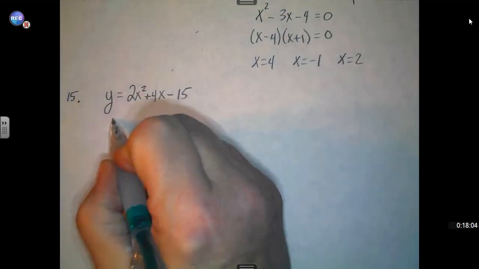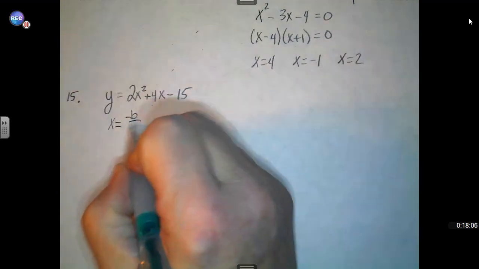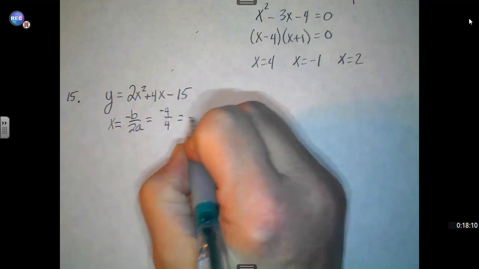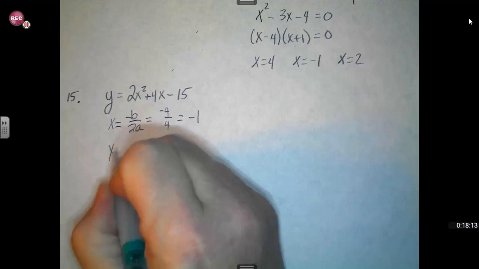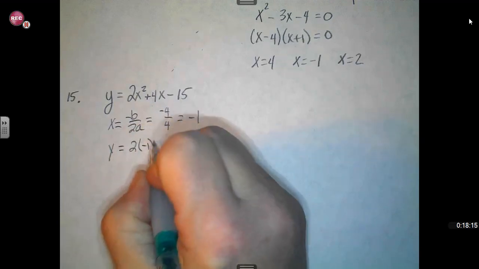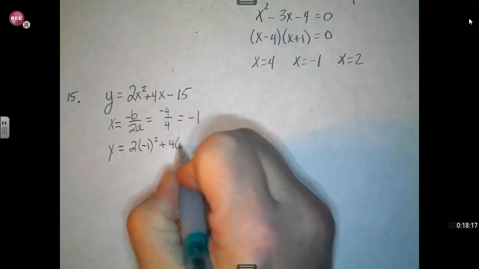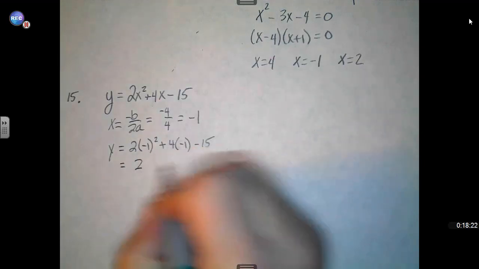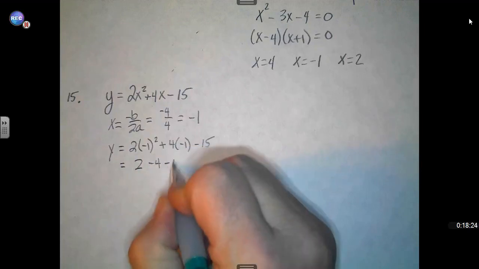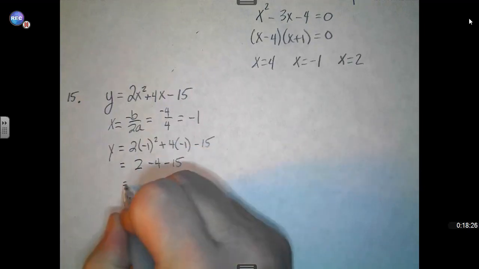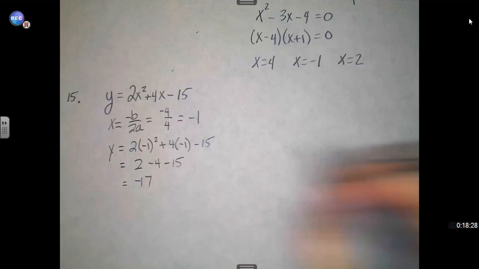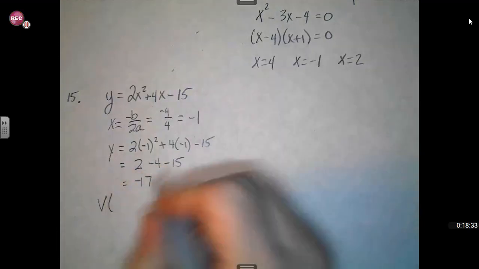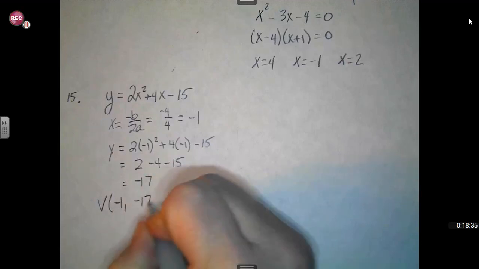So to find the vertex, we use the opposite of b over 2a. So that's going to be negative 4 over 4, which is negative 1. And then I plug in negative 1, and I get 2 minus 4 is negative 2, minus 15 is negative 17. Still not particularly nice, but my vertex is negative 1, negative 17.